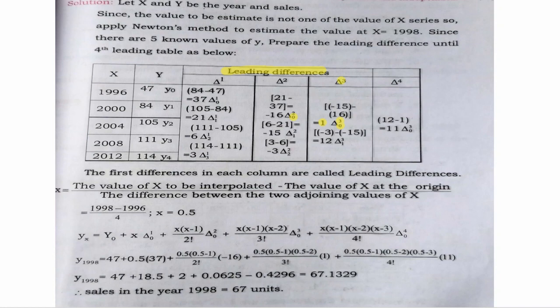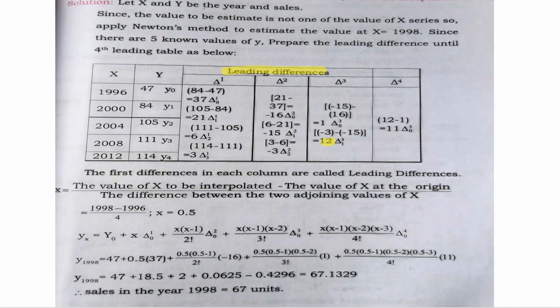Next, delta 2 to the power of 2 minus delta 1 to the power of 2, it is minus 3 minus of minus 15, which is minus 3 plus 15, it is 12. So delta 1 to the power of 3 is 12.